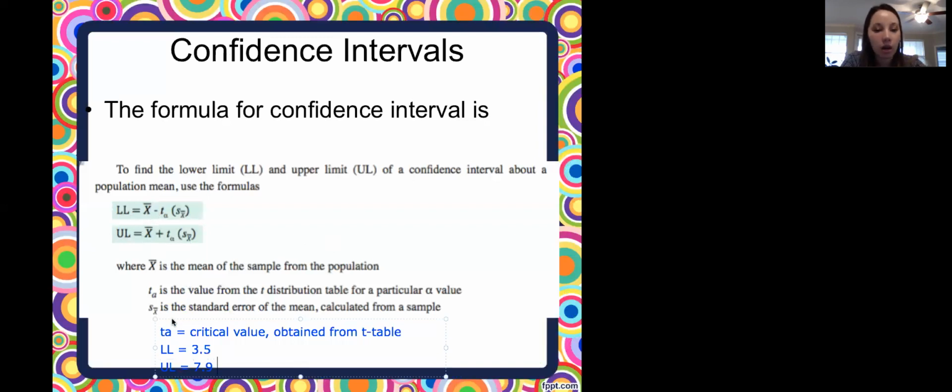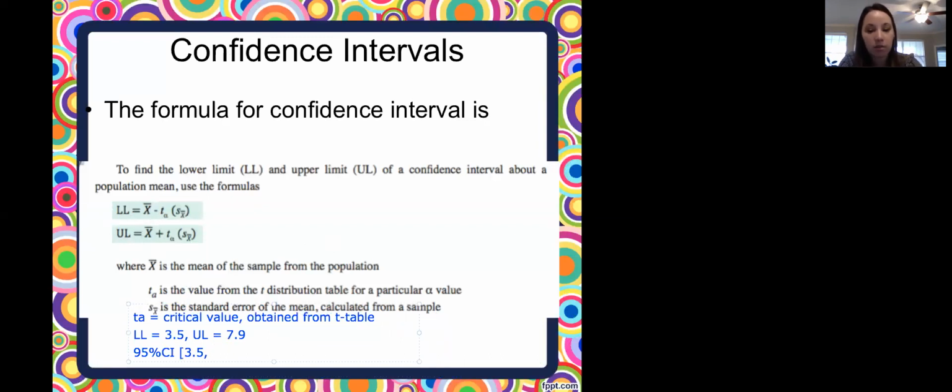So you would write your confidence interval like this. 95% confidence interval, 3.5, 7.9. So this is how it's written. So we're doing a 95% confidence interval, and your lower limit is 3.5, upper limit is 7.9. So that's how you do that.